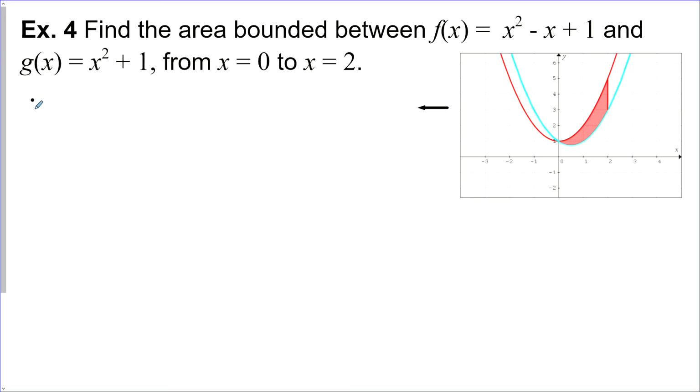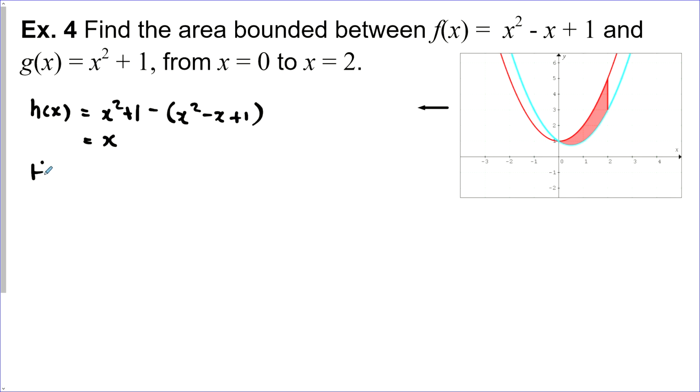So I'm going to create this new function, and it will be x squared plus 1 minus all of f of x. And you can see that x squared minus x squared is going to cancel. We've got a plus 1 and a minus 1, and that's also going to cancel. So the only thing left here is the minus negative x, which would be a positive x. And that's going to be a lot easier.